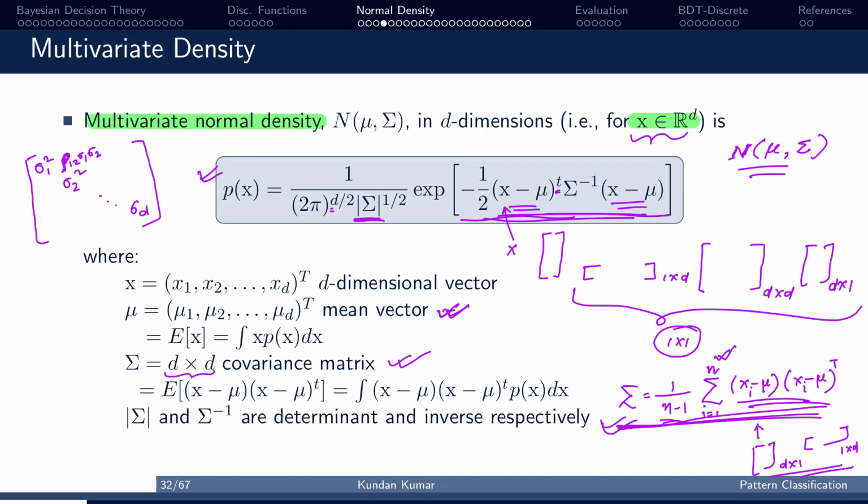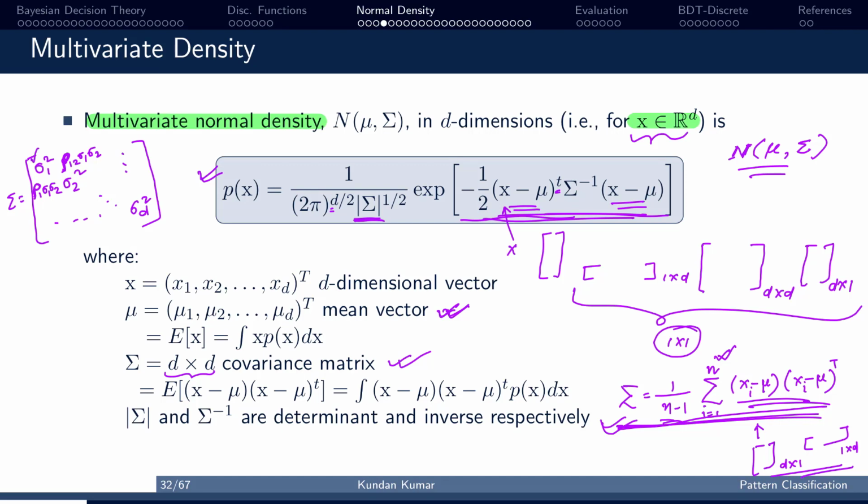Similarly this will be the same, sigma 1 sigma 2, sorry, rho 12 into sigma 1 into sigma 2. Similarly, we can have the other terms. So here, the diagonal terms of the covariance matrix are the variances of individual components or individual axes in the feature space.